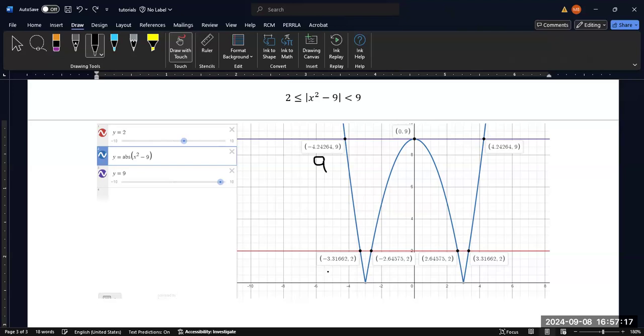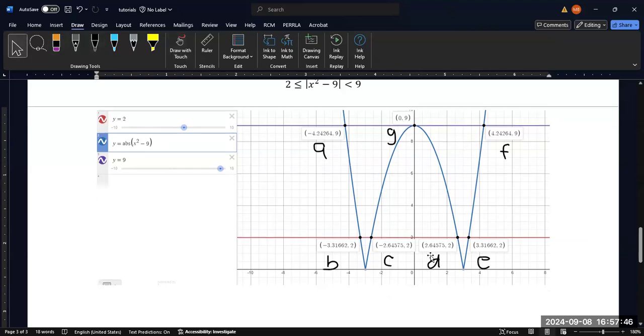A. This is B. This is C. This is D. This is E. This is F. And this is G. Okay, so our 7 intersections.